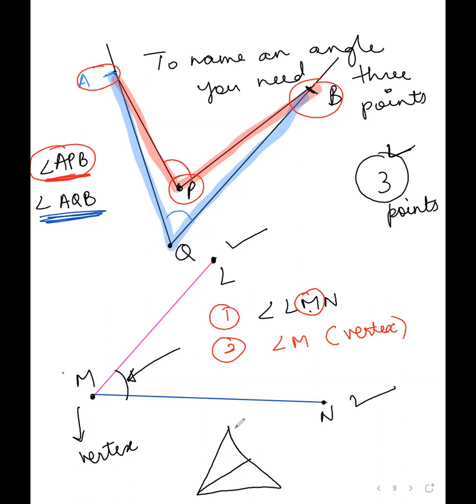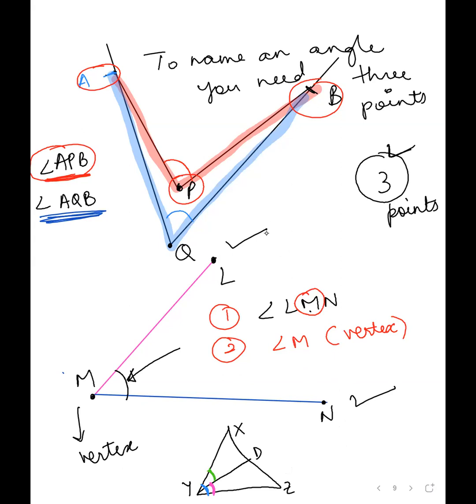Let's say X, Y, Z, and D. I want you to name, let's say, the pink angle. There's also the green angle, and the combination of both of them, which is the blue angle. If it's too small for you, you can zoom in and see.